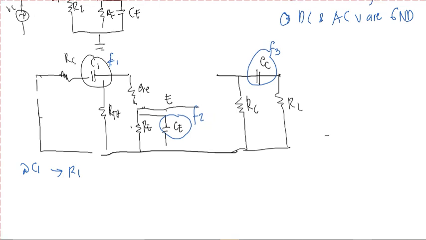Take note that if we consider C1 here, our CE and your CC, or in others C2, are shorted. Automatically they are shorted if we consider C1. And since we are only considering the input, we will not look at the output.